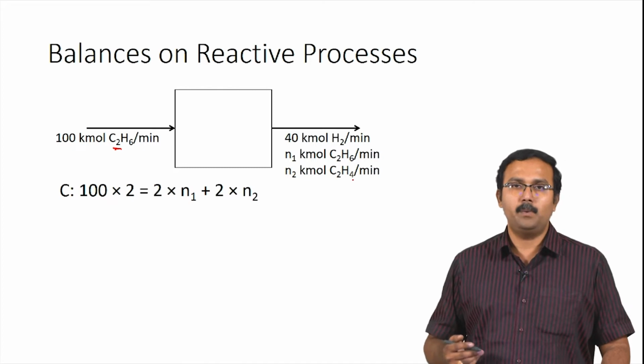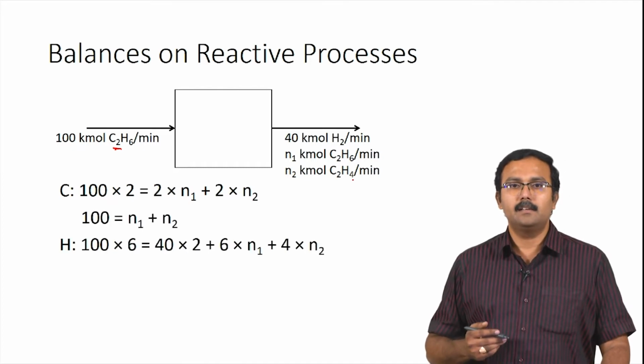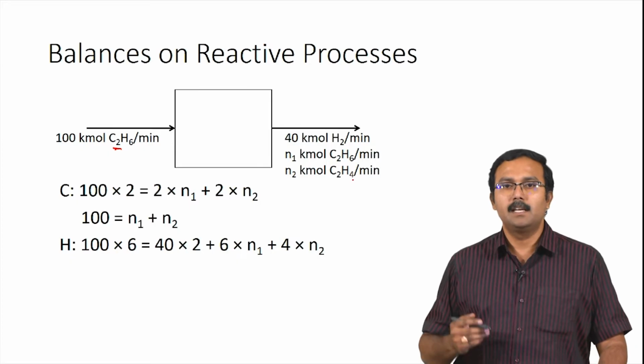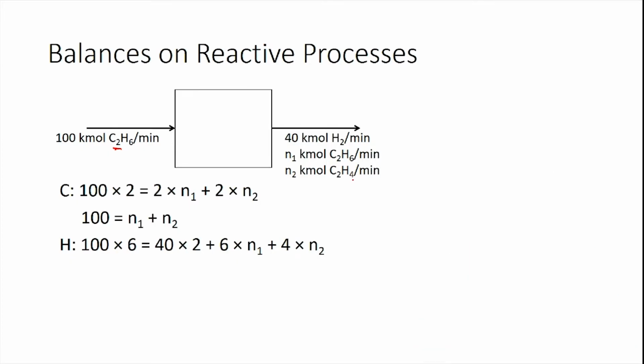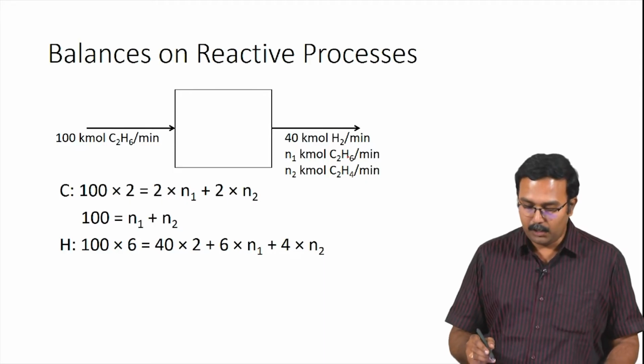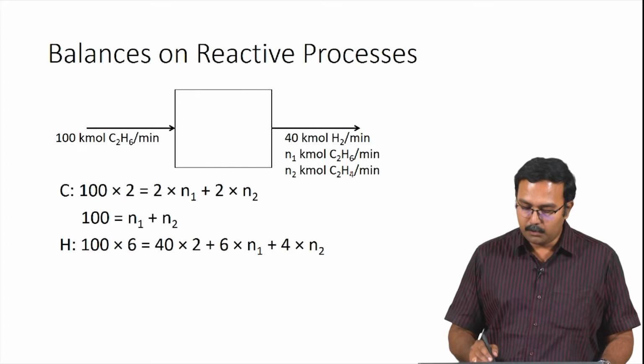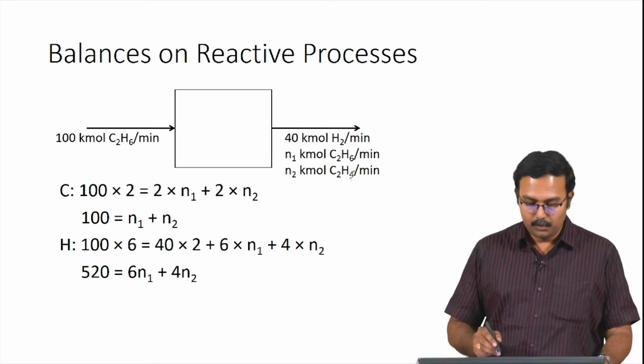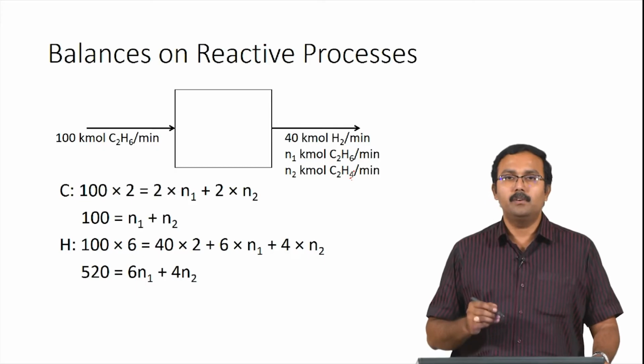Similarly, we can write a balance equation for hydrogen which would look like this: 100 times 6 equals 40 times 2 plus 6 times N1 plus 4 times N2. So, what you can see here is you have 6 atoms of hydrogen entering through 1 molecule of ethane, and 2 atoms of hydrogen leaving through 1 molecule of hydrogen, 6 atoms of hydrogen leaving through 1 molecule of ethane, and 4 atoms of hydrogen leaving through 1 molecule of ethylene.